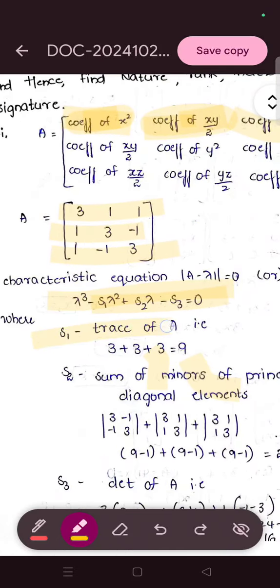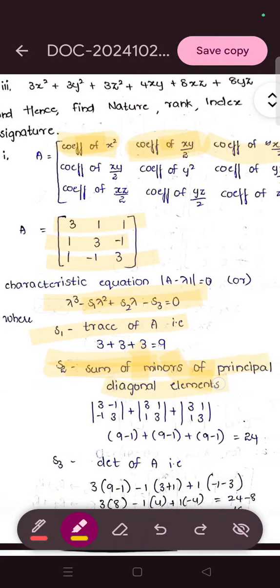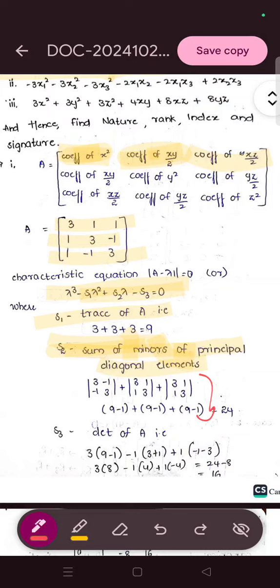Here s1 is the trace of A, s2 is the sum of the minors of the principal diagonal elements, and s3 is the determinant of A, which is 16 here. So finally trace s1 is 9, s2 is 24 and s3 is 16.